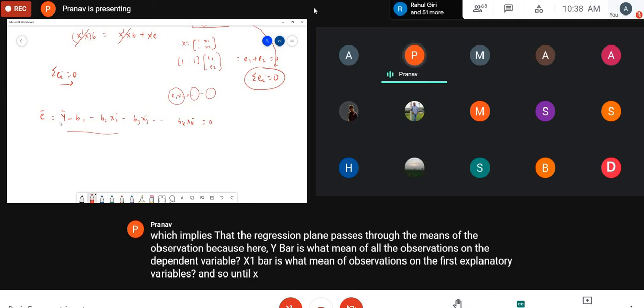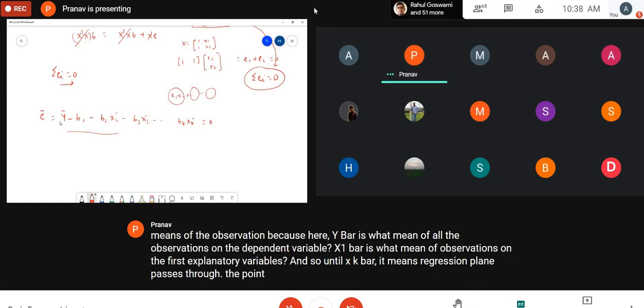It means the regression plane passes through the point of means of the observations. Am I clear here?